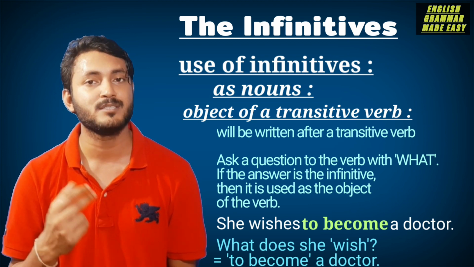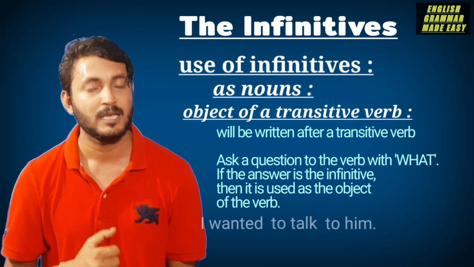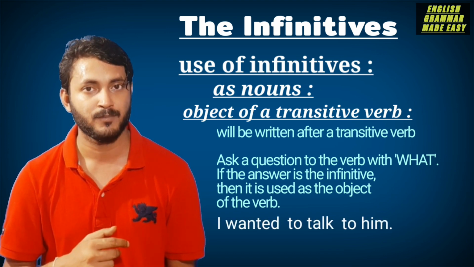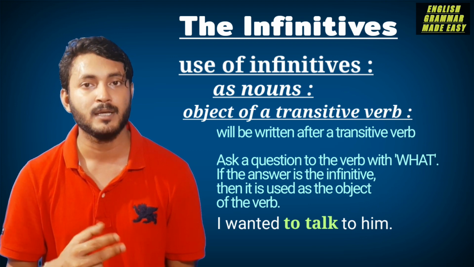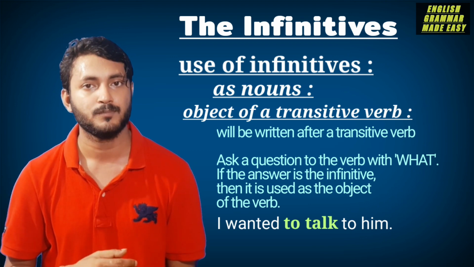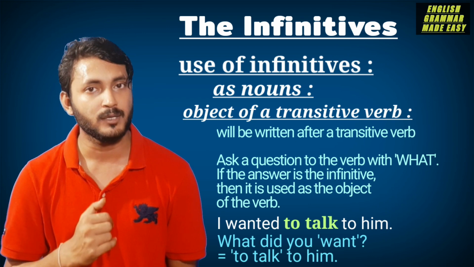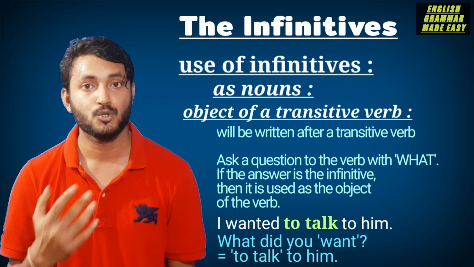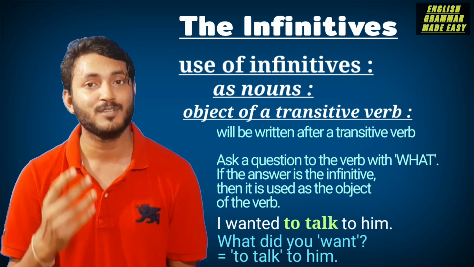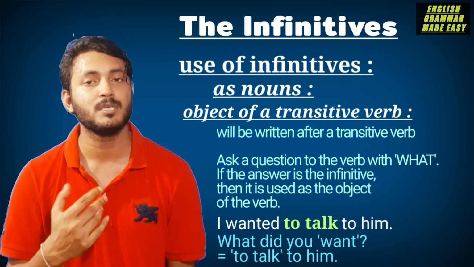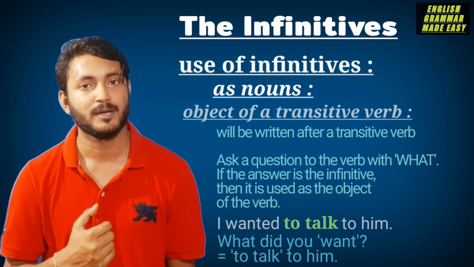That's why it is used as the object of the verb wishes. I wanted to talk to him. Our infinitive is to talk, written after the verb wanted. Ask a question to the verb with what. What did you want? To talk. To talk is our infinitive written after the verb wanted, and the answer of the question what, so it is the object of the verb wanted.